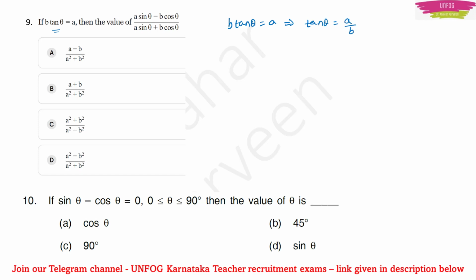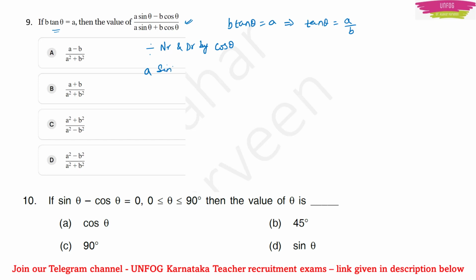So in the numerator and denominator, if I see in the question, I can make it as tan theta, right? So what I will do now is I will divide numerator and denominator by cos theta because I want tan theta, right?